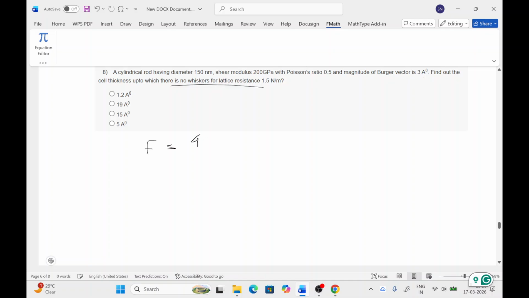So that will be G b square by 2 pi, 1 minus nu. Sorry, it is 4 pi into T, equals this 1.5 Newton per meter, in which we have to find the thickness.